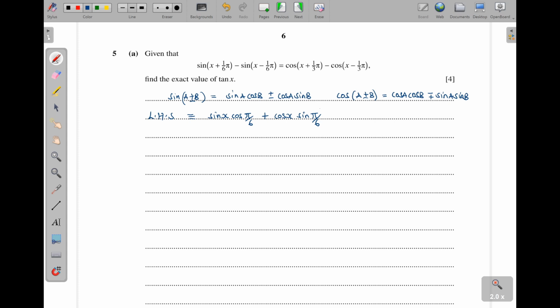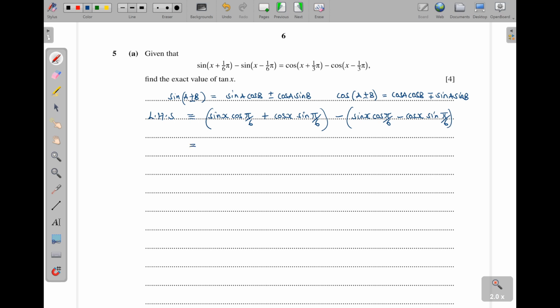I'm dealing with this first, okay? Then after that, now subtract. Now we expand this one. So it is going to be sine of x cosine of pi over 6, then subtract cos of x sine of pi over 6.